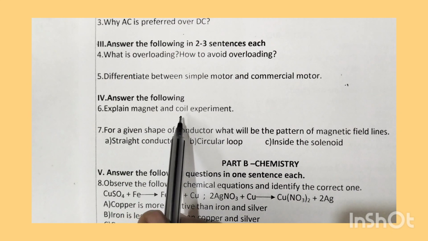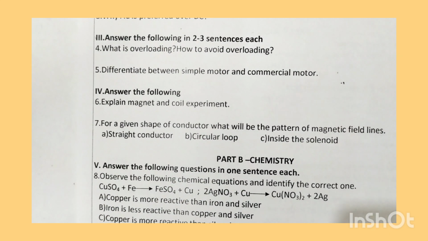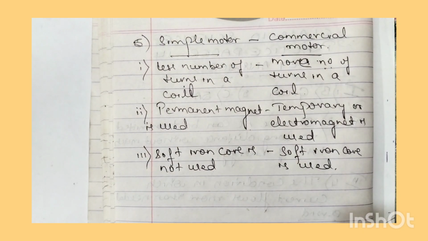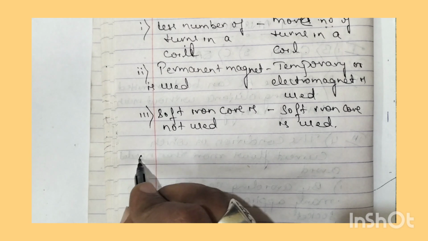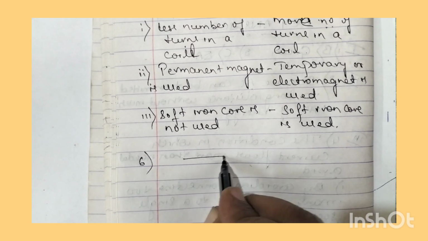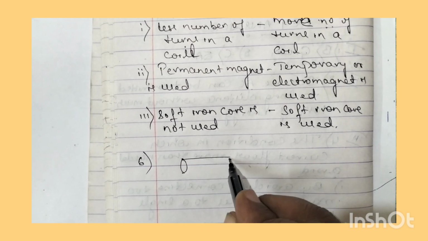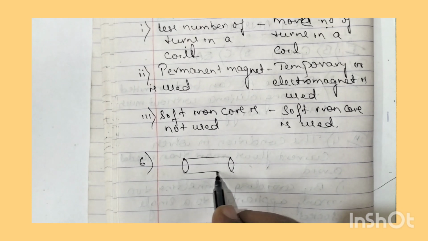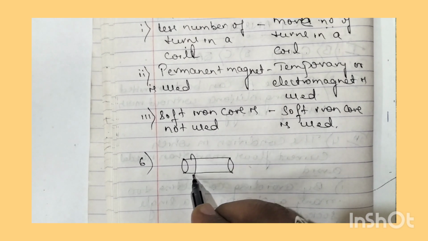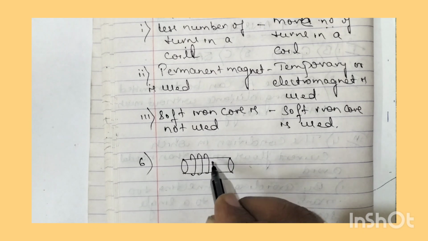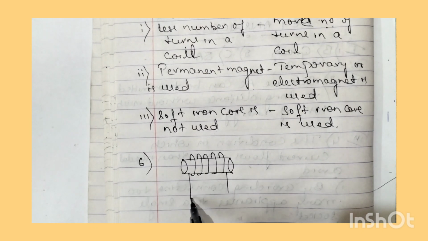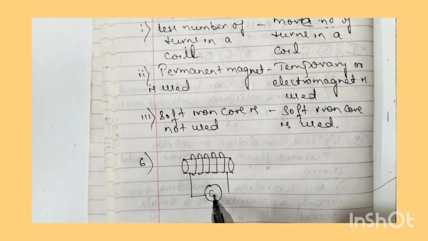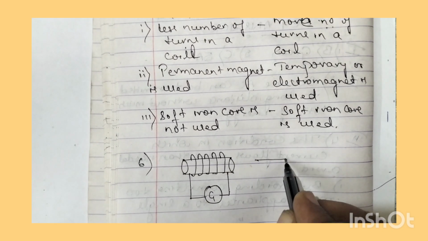Explain magnet and coil experiment. So let us explain the magnet and coil experiment. This is a coil. Both the ends of the coil are connected to a galvanometer, and this is the bar magnet.